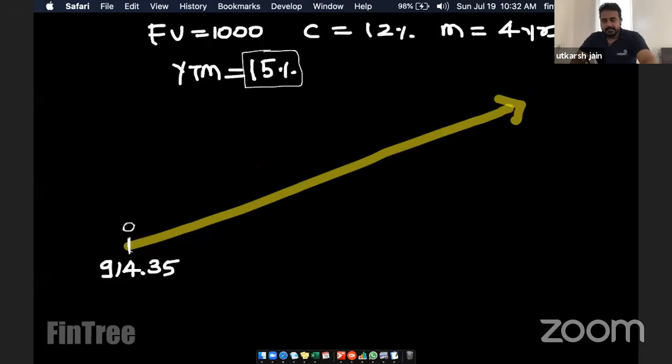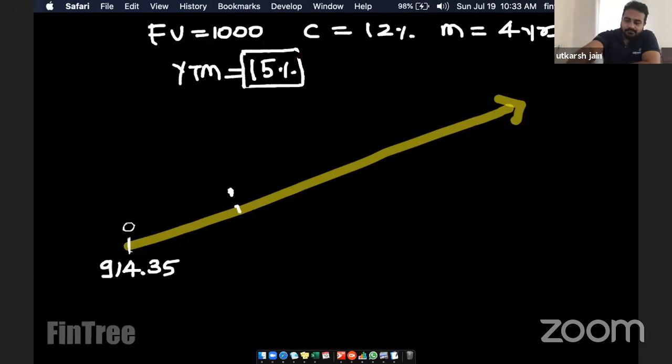Now, what you do is you calculate the value of this liability, or value of this bond, at time one, but with the same YTM. Now, would you agree that YTM, yield to maturity, is a number that keeps on changing in the market?